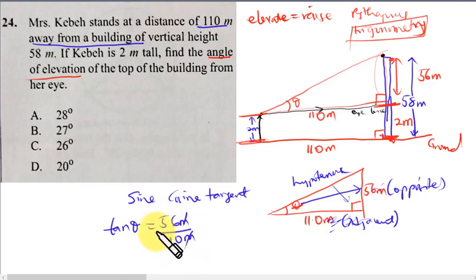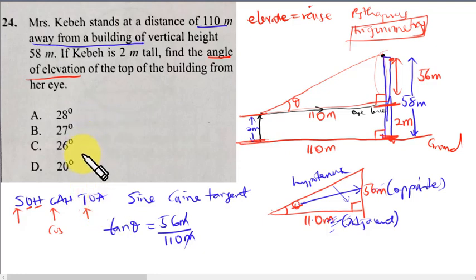Now if you want to remember when to use sine, cosine, or tangent, you can use the mnemonic SOHCAHTOA. The S stands for sine, the O means opposite, and the H is hypotenuse. The C stands for cos, the A means adjacent, and the H stands for hypotenuse. The T stands for tan, the O stands for opposite, and the A stands for adjacent.